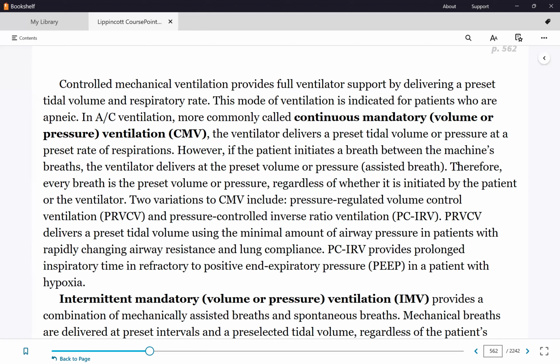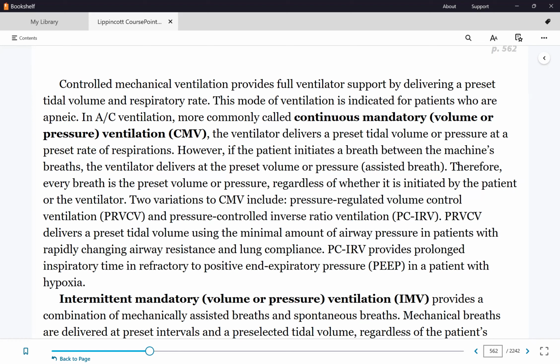Any questions so far? Now, the problem here in this setting is, what if the patient takes more spontaneous breaths? What will be the total breaths per minute? Let's say they take 14 on their own, and the vent will give 10, because no matter what happens, you programmed it to give 10.